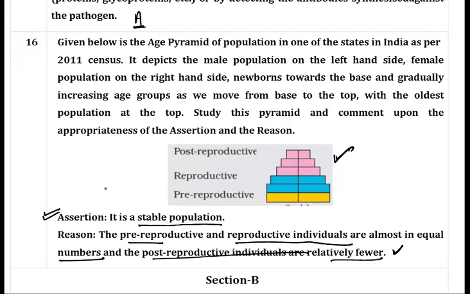And the reason given is that pre-reproductive and post-reproductive, if you see both, are also almost equal in number. That means in future, in this state, the population will not increase. So here the answer should be A. Reason is true, assertion is also true, and reason is correctly explaining the assertion.